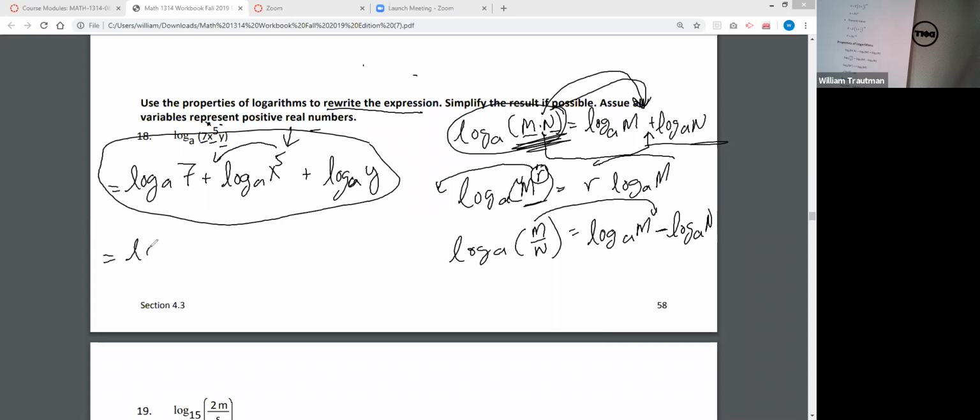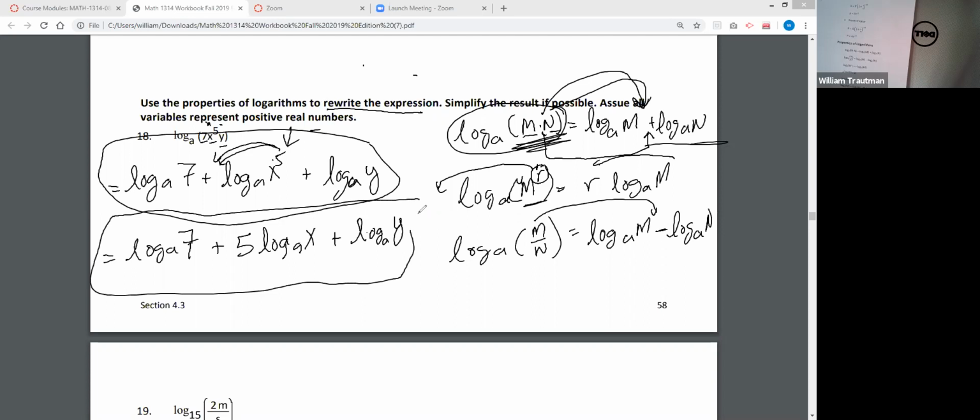So the correct answer for this problem is log A 7 plus, bringing the 5 in front, 5 log A x, plus log A y. So you have to use all these logs, and now it's fully expanded. That power needs to be put out in front of that particular log.